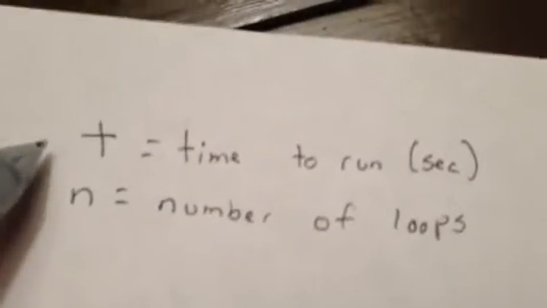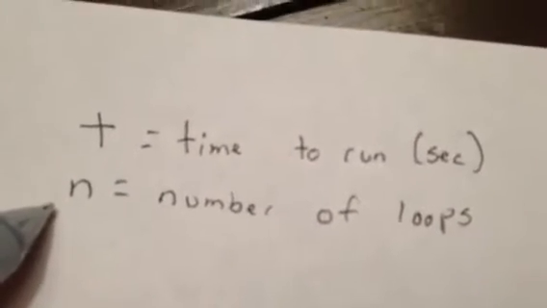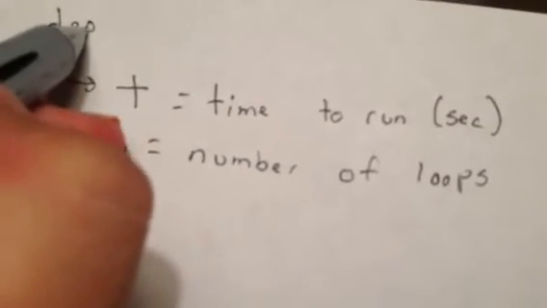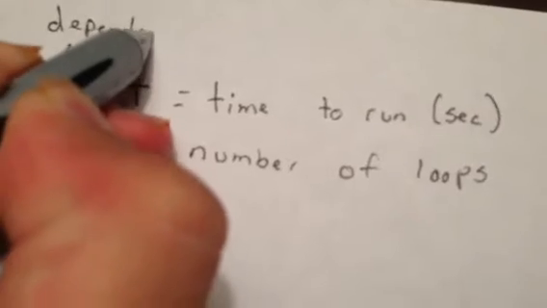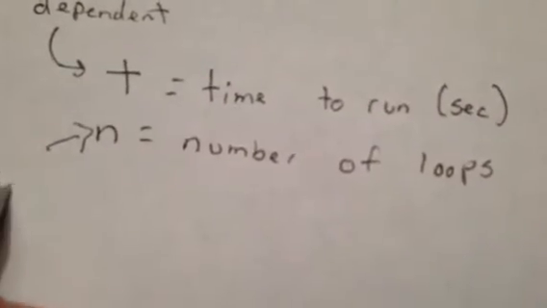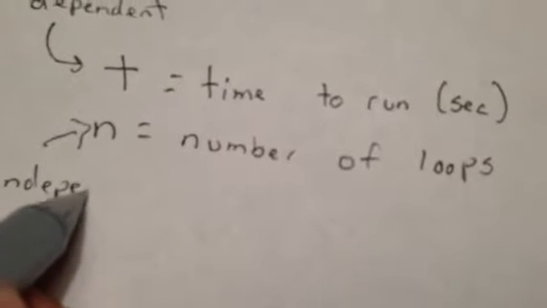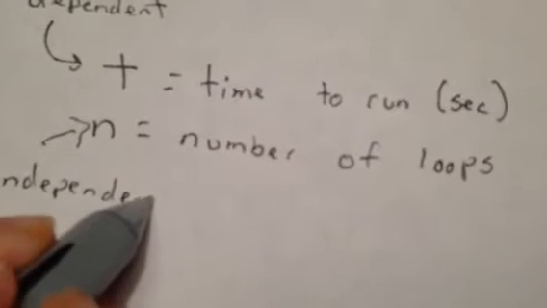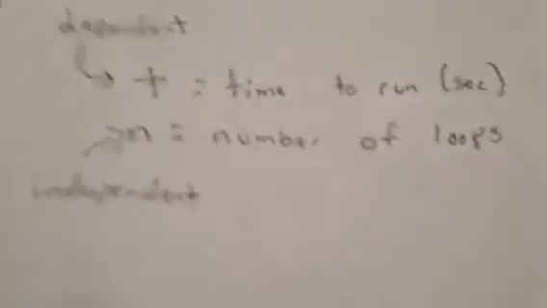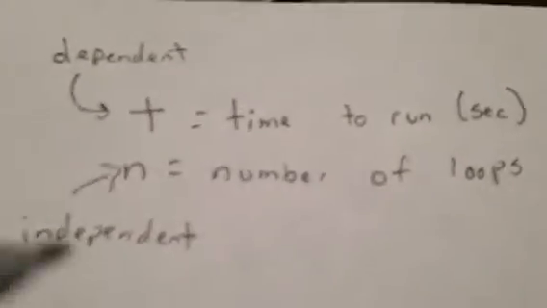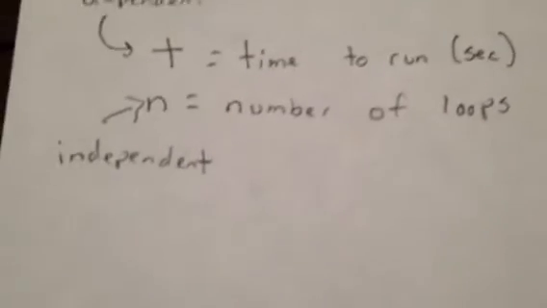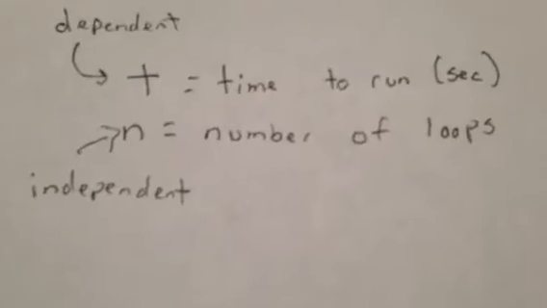Now, the time it takes depends on how many loops it goes through. T is our dependent variable, and n is our independent variable. It's our independent because the more loops will end up making more time that the program takes.